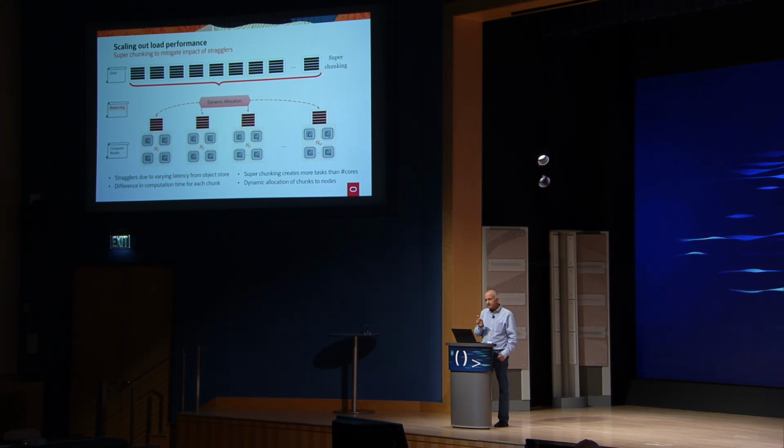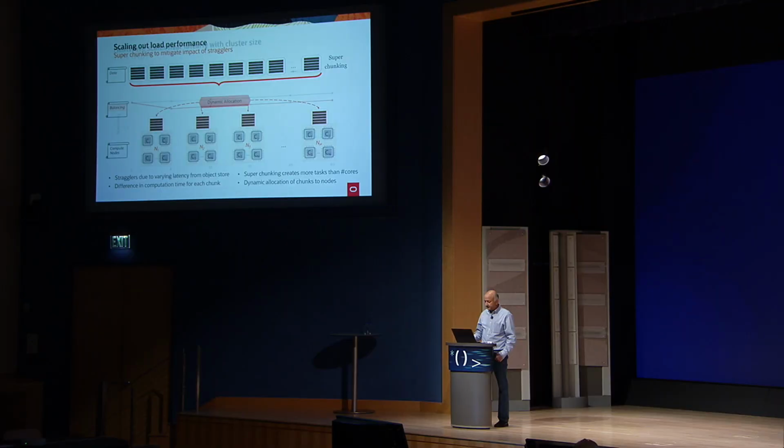So there is some latency which would vary based on the object, on the data type and such. Based on the super chunking technique we have, we are able to mitigate the impact of stragglers. So suppose there is a slight variation in latency because we are getting it from a different disk and such. The super chunking ensures that the cluster is being fully utilized all the time while loading the data. This is the reason load performance of HeatWave is so much better than what we see with other database services.